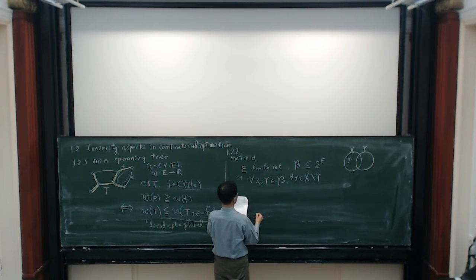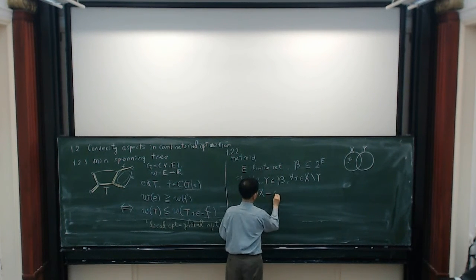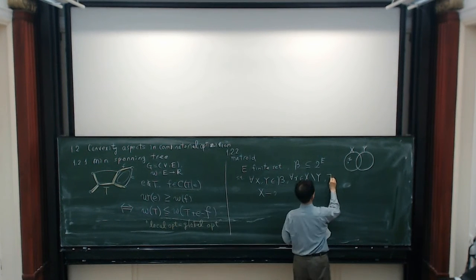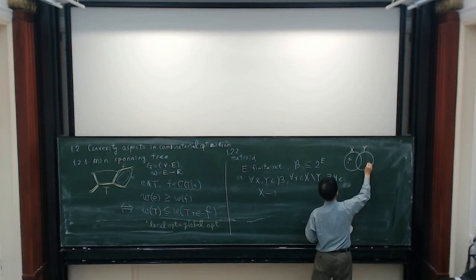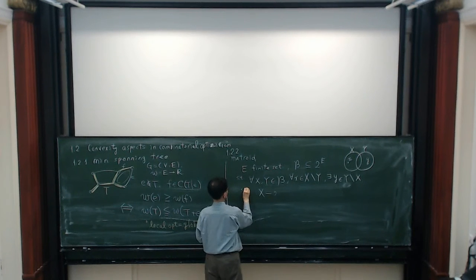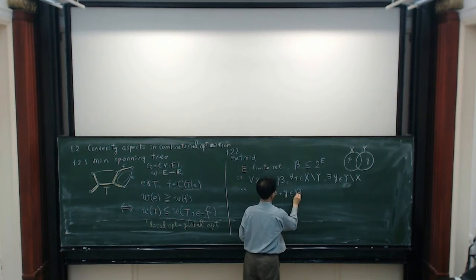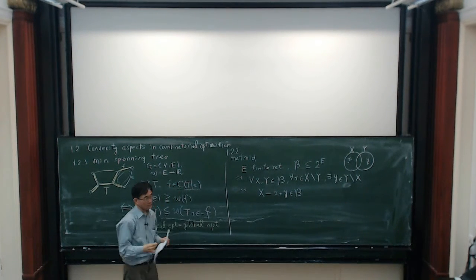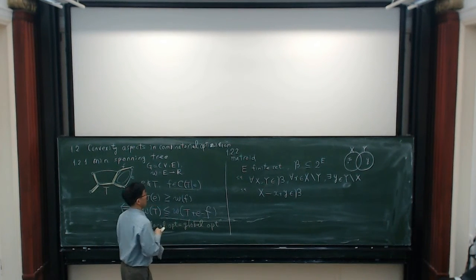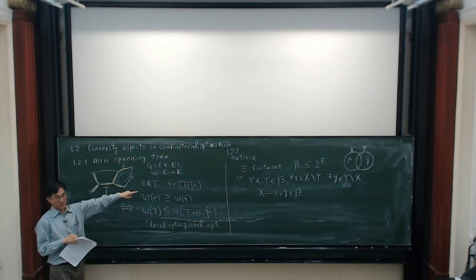There exists y somewhere here such that x minus x plus y is also in the base. This is one of the definitions of matroid basis. And in the spanning tree case, actually it's easy to prove this.